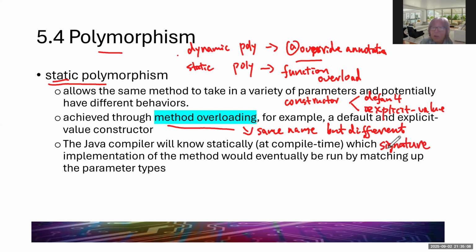Signature means you can have different parameters, and the return type can also be different. Which one will be invoked, if you recall with the constructor, is decided by the compiler statically. At compile time it will know which one, because it finds the match using the parameters. So this is called static polymorphism.